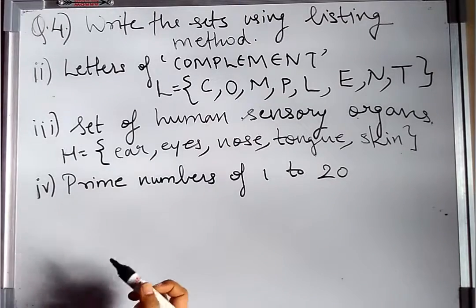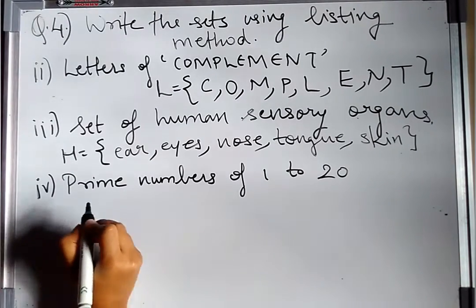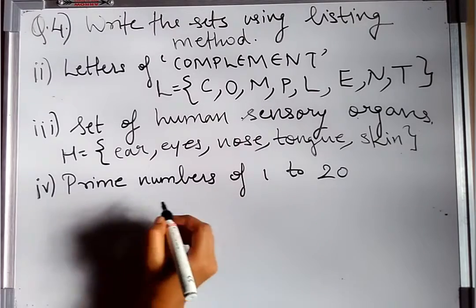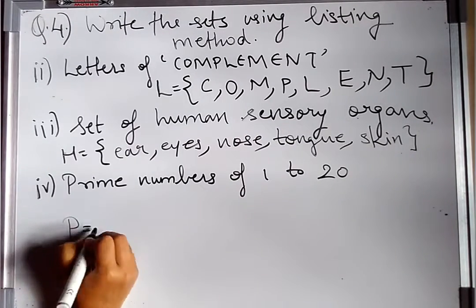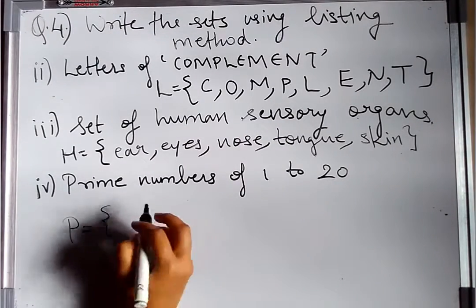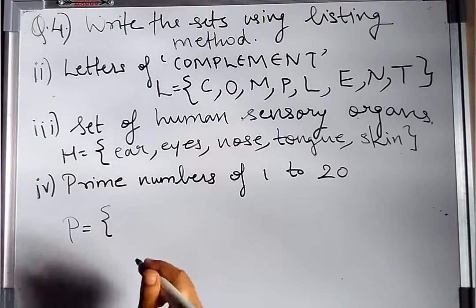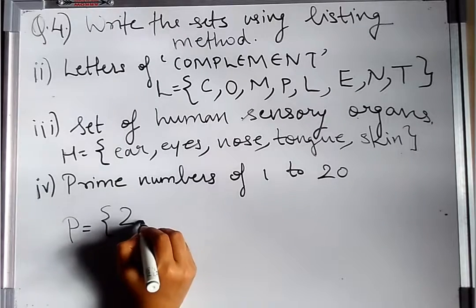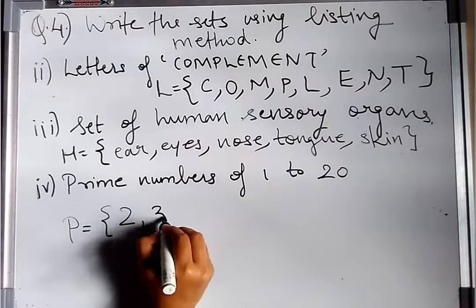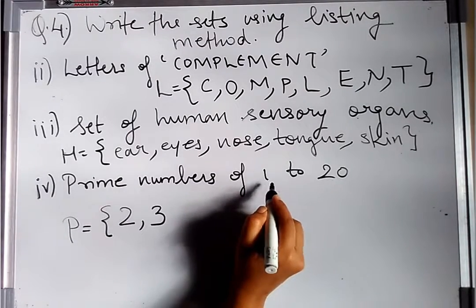Okay. And the next question is prime numbers from 1 to 20. That means lying between 1 and 20. Prime numbers means it should have only 1 and itself as factors. First is 2, 3. 1 is neither prime nor composite. Okay.